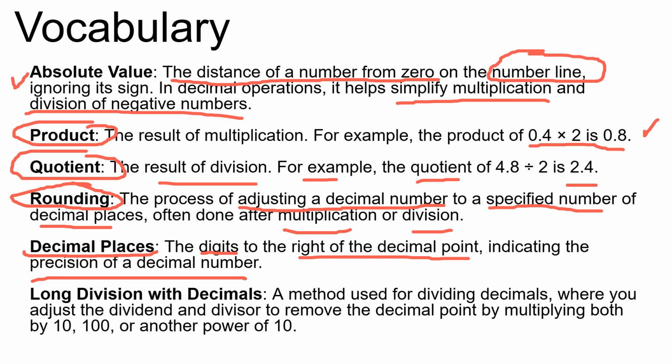Next, the long division. We will also perform long division of our decimals. Long division of decimals is a method used for dividing decimals, where you adjust the dividend and divisor to remove the decimal point by multiplying both by 10, 100, or another power of 10.